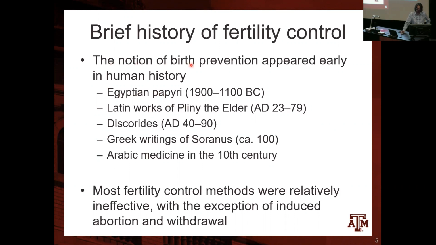And so we find the notion of birth prevention appeared early in human history, in Egypt, in the Latin works of Pliny the Elder and Dioscorides, Greek writings of Soranus, and the Arabic medicine in the 10th century. This is just to show that this notion that we as human beings can prevent having babies is something that has been there in human history for a long time.